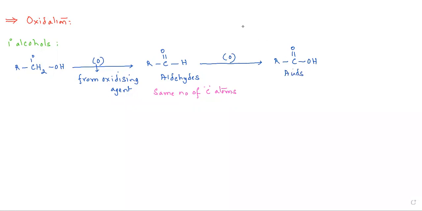This is very important. Same with primary alcohol: aldehydes with the same number of carbon atoms in the first step. In the second step, acids again with the same number of carbon atoms.